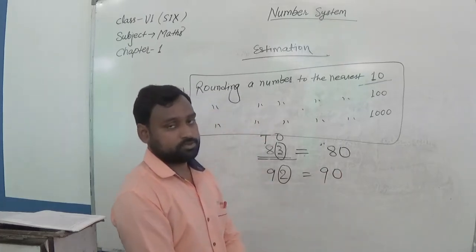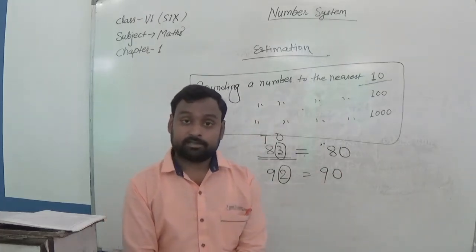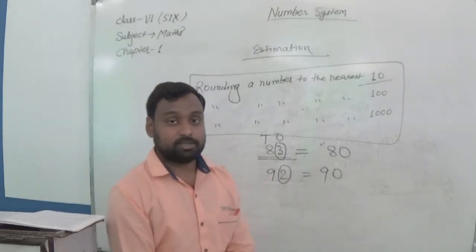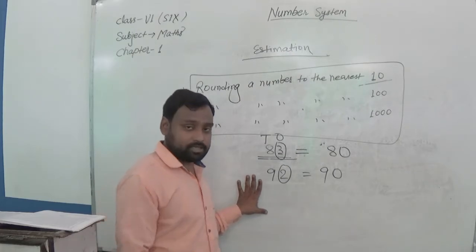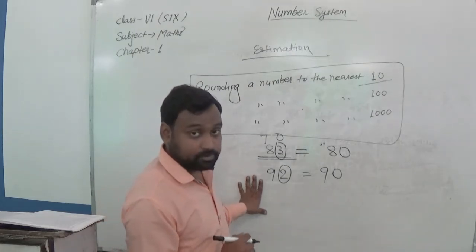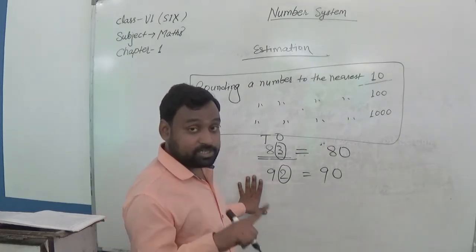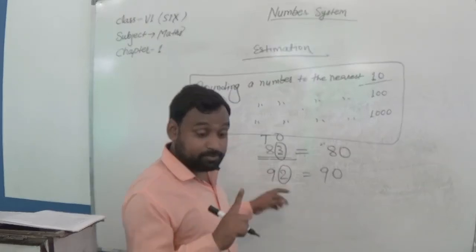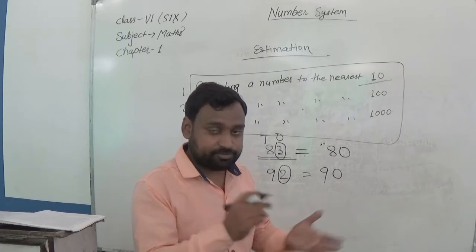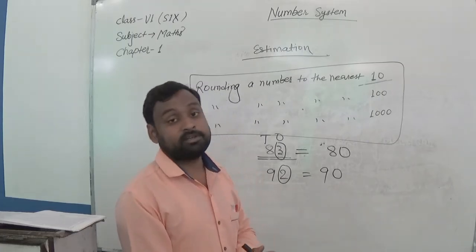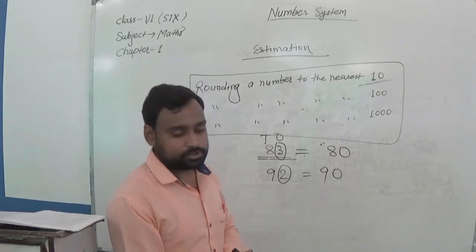This is the first thing. And the second thing, now listen. In the second case, you will find the digit at the ones place may be 5 or more than 5. In that case, what you have to do?